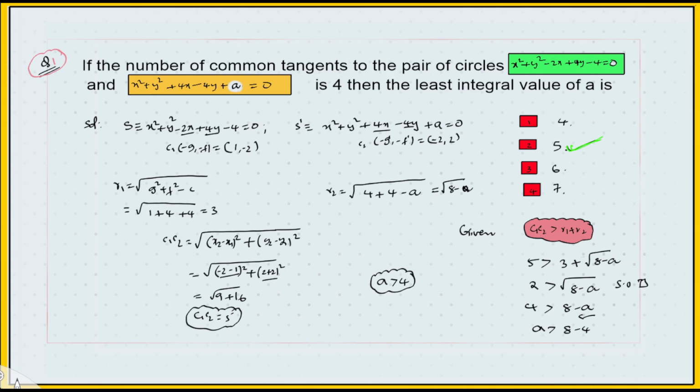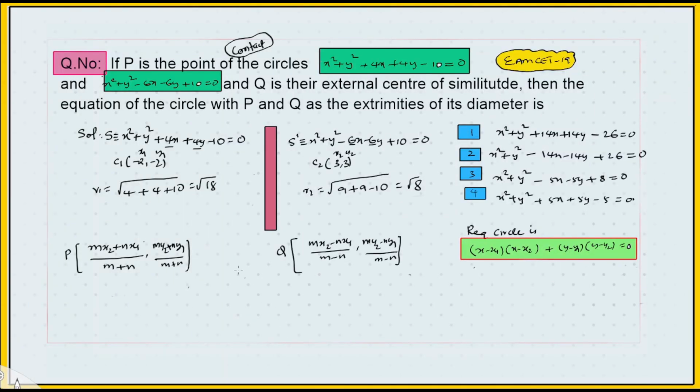Now the next question: if P is the point of contact of the circles and Q is their external center of similitude, then find the equation of the circle with P and Q as extremities of its diameter. Here two circles are given. Point P is the point of contact, the internal center, and Q is the external center.